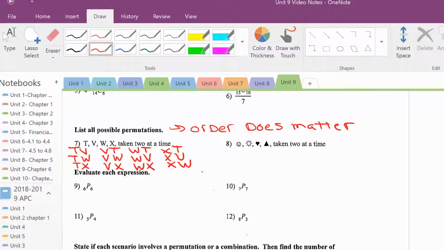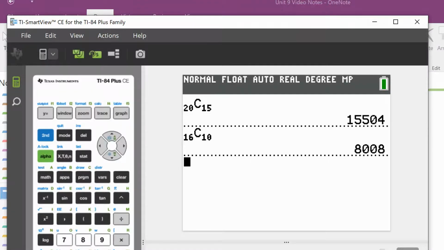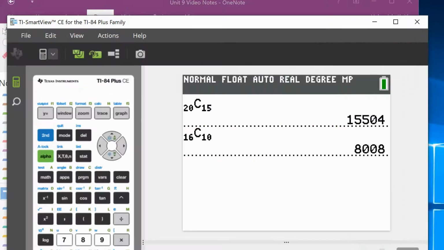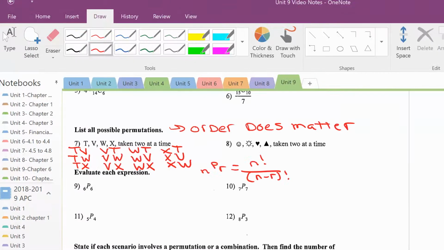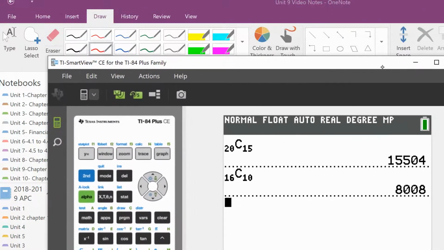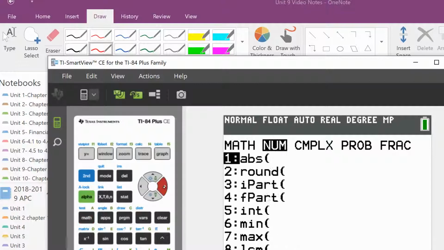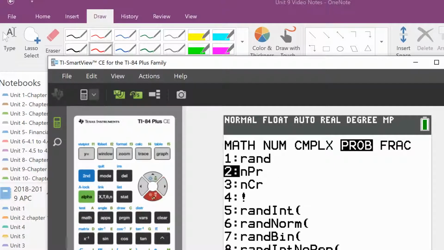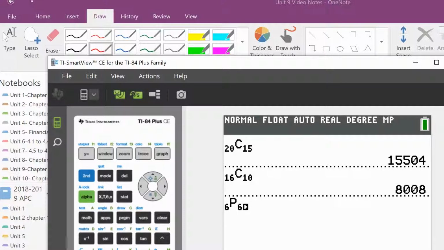All right, for the permutation, the formula is n factorial over n minus r factorial. So when you do 6 permutation 6, meaning you have 6 things and you want to order them 6 at a time, you go 6 and then hit math, then over to probability again, and then number 2 is permutation, and then 6 again, and then hit enter, and you get 720.